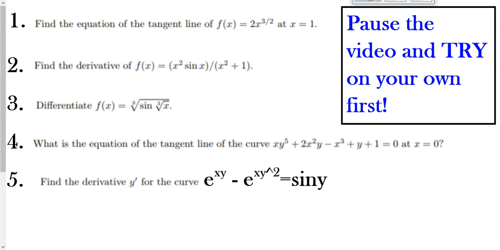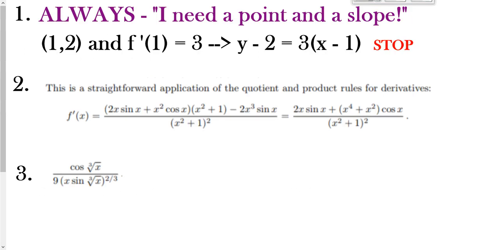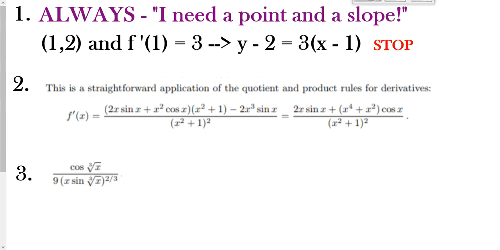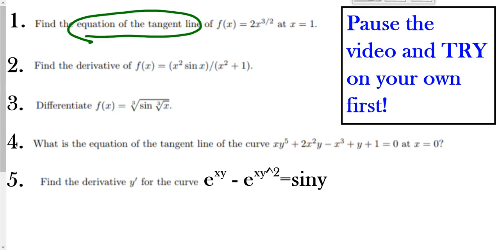The first one is a find the equation of the tangent line. I hope I can instill in you that anytime you read those directions, I want you to think, always, always, always: I need a point and a slope. The way we get slope is a derivative, and the way we get a point is the original function.